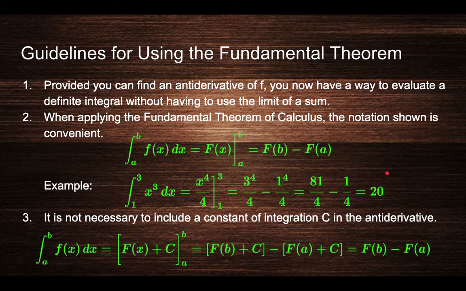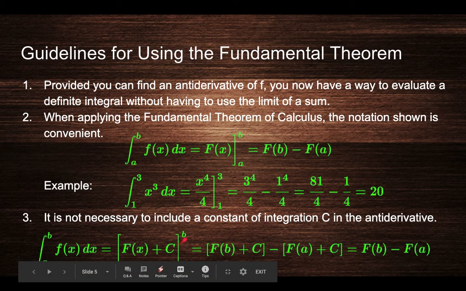Now what about C, which I was making such a big deal about in an earlier section? When we're doing an antiderivative, we always need C. That gives us the family, all of the values. But look, when we're evaluating it at B and then at A, we get F of B plus some constant minus F of A plus that same constant.